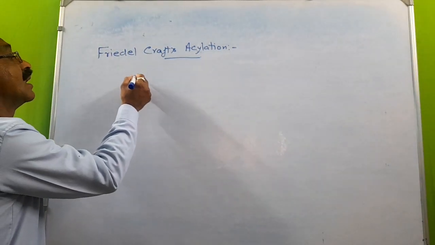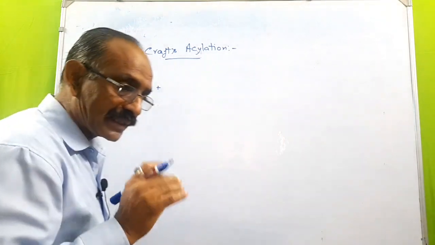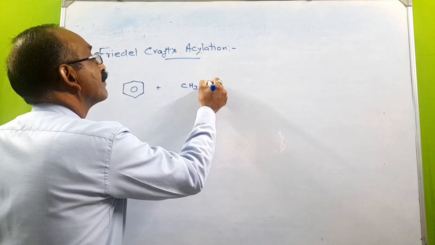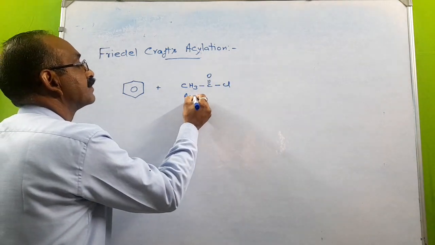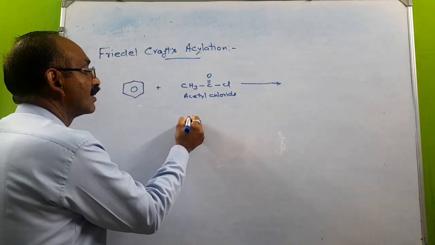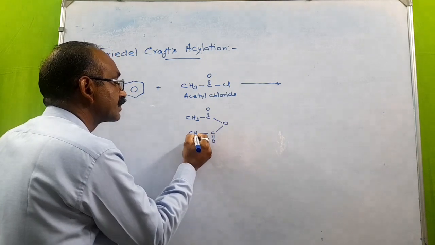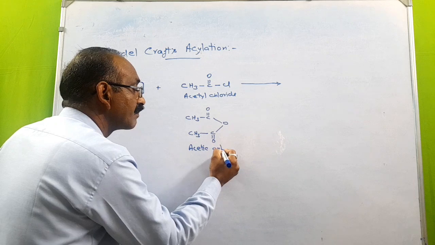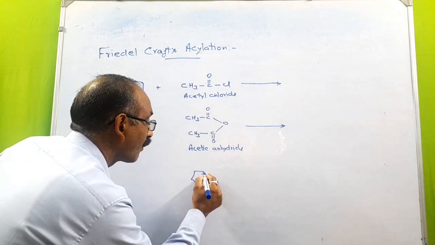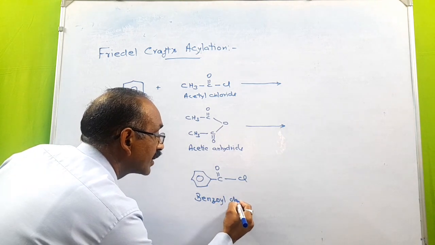Here what happens? Benzene or any other arene, when they react with acid chloride or anhydride, like I'm taking here acetyl chloride, or acetic anhydride can also be taken, or benzoyl chloride.